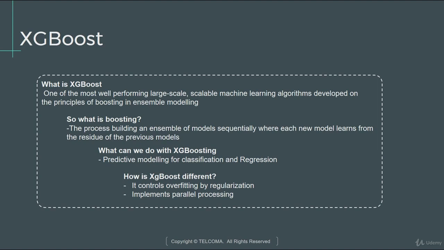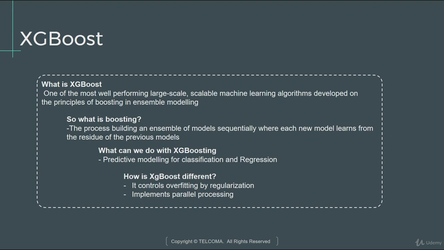So if you have a really powerful system, let's say a quad core engine, you can leverage a model on each of the cores and process in parallel. So it saves a lot of time. But boosting techniques are very slow because the process is sequential. You can't really leverage parallel processing over here. So in XGBoosting, there is an alternative way through which you can parallelize a couple of things.